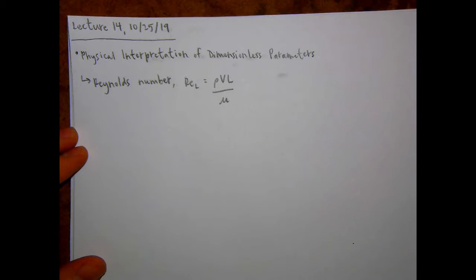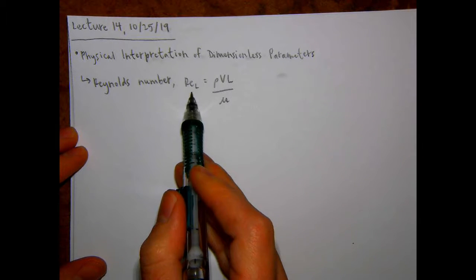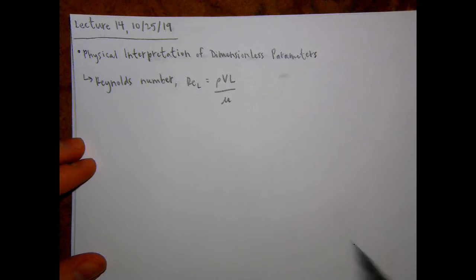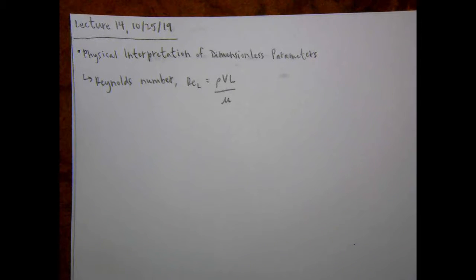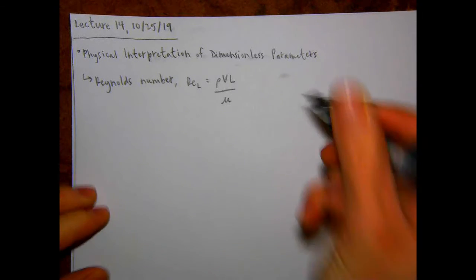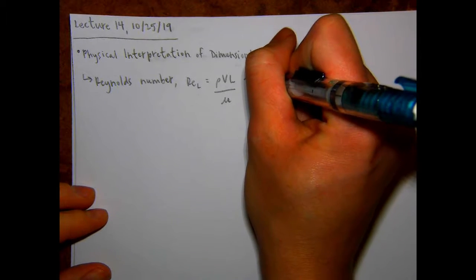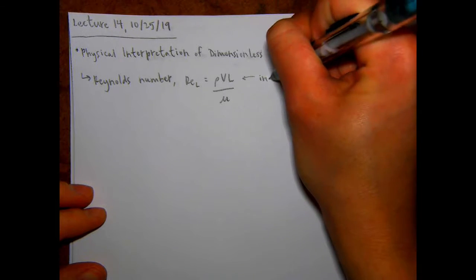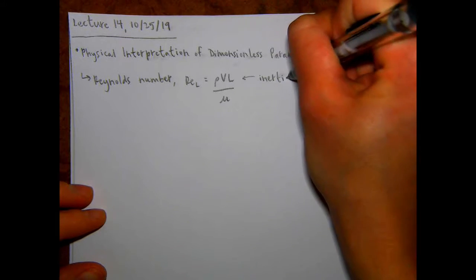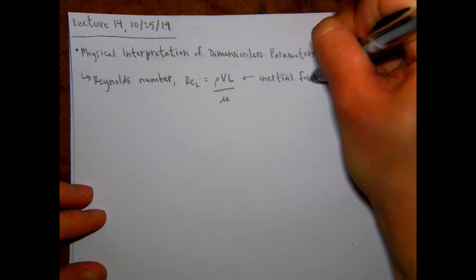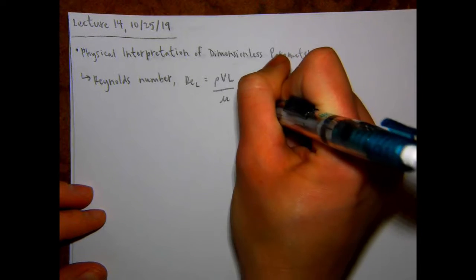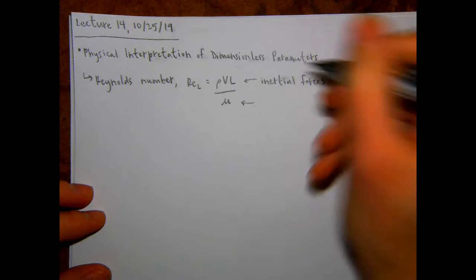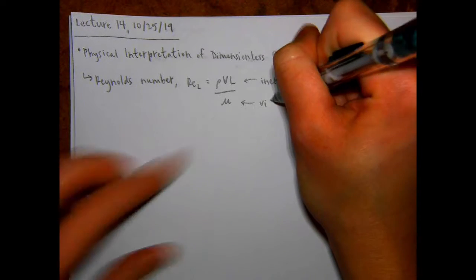Written like this, it's the Reynolds number over a length L, and it's the ratio of inertial to viscous forces. The top is some measure of the inertial forces within the fluid, and the bottom is just viscosity.